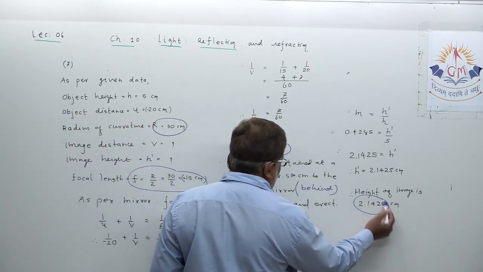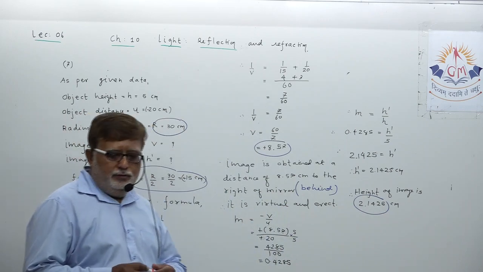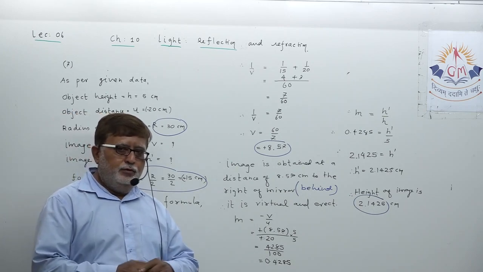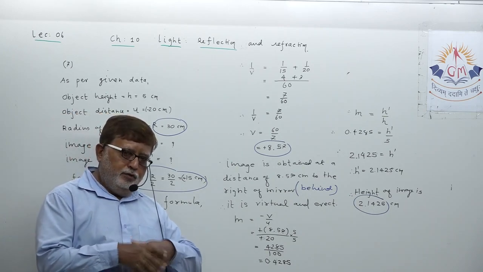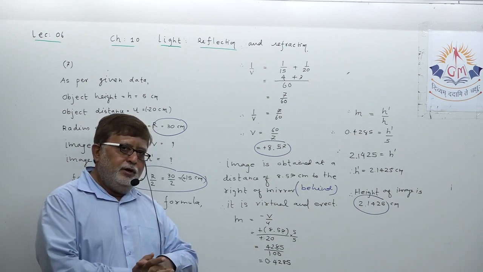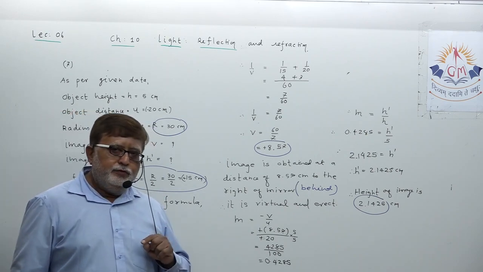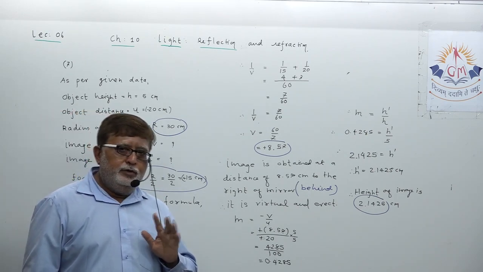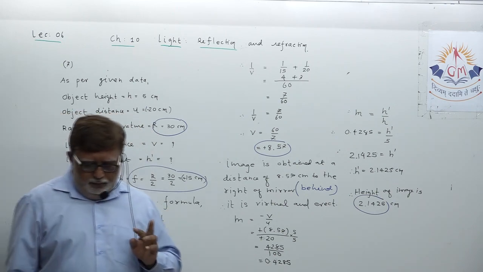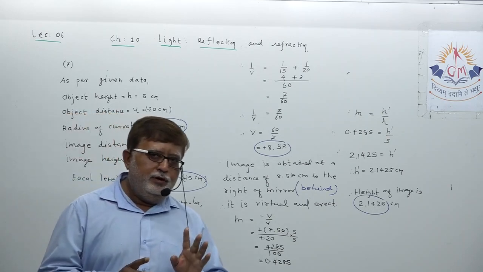Now dear student, what I am questioning is that you all have studied image formation, okay? Now in image formation, if you can remember, as far as convex mirror is concerned, we are able to get only two types of image if you can remember.